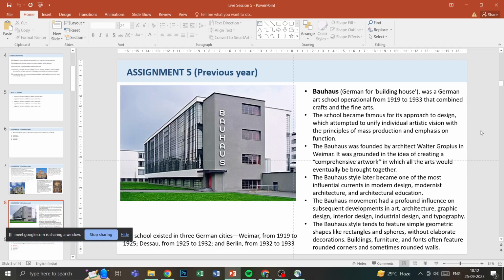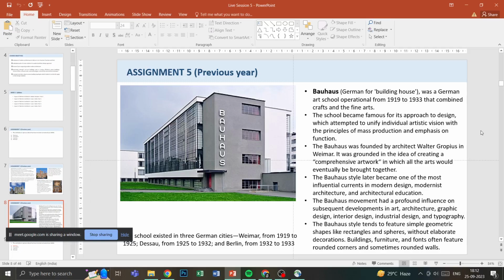And one of the most important parts about Bauhaus was that this movement focused on function. It's not that they discarded the form completely, but the focus was more on the function: the need, the requirement of the building is fulfilled first.